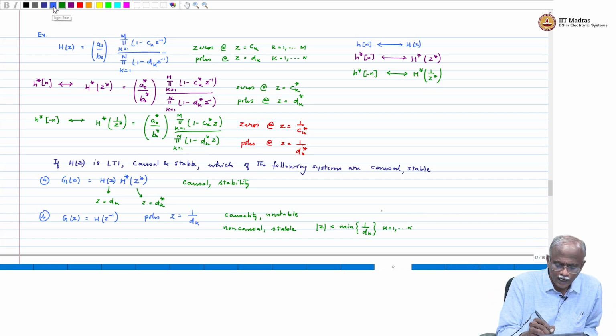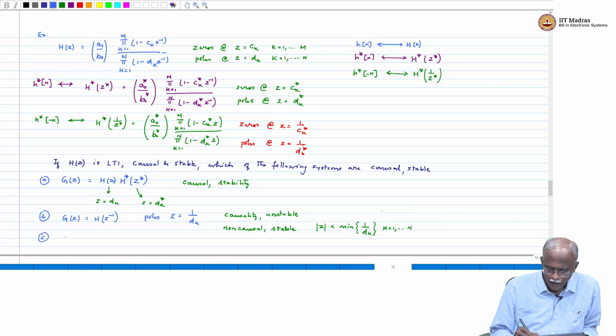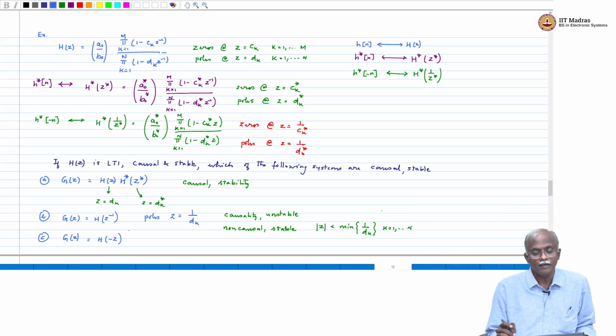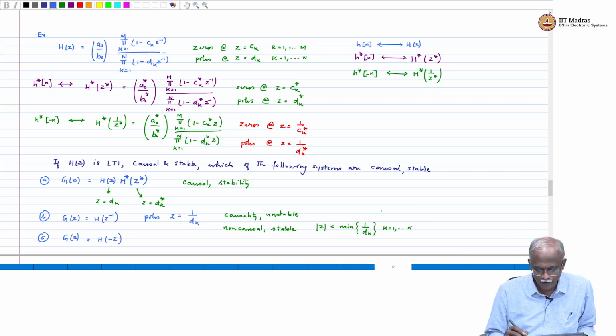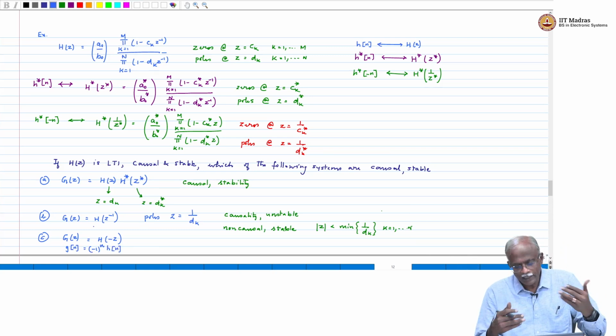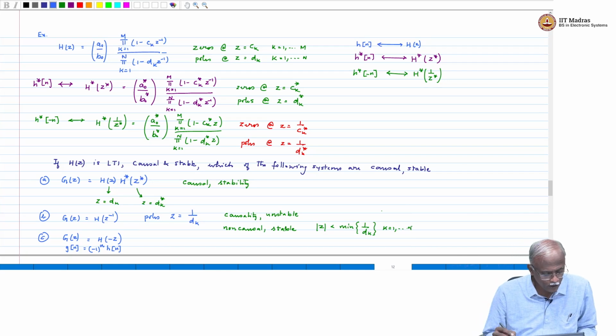Okay, last one, g of z is equal to h of minus z. What about the transfer functions? Just to note, this corresponds to a time domain sequence which is given by an exponential sequence, minus 1 raised to the power of n times h of n. Again, that doesn't matter. For us, we want to know where the poles are located.